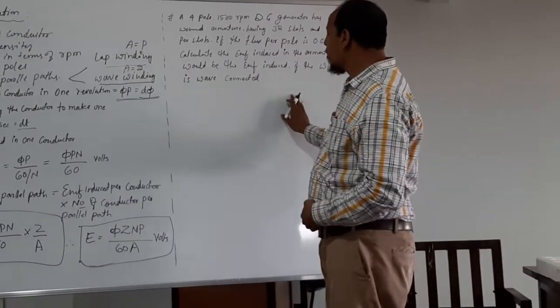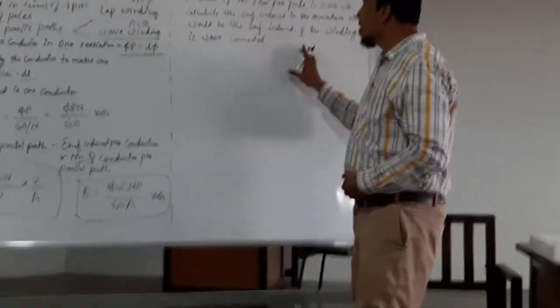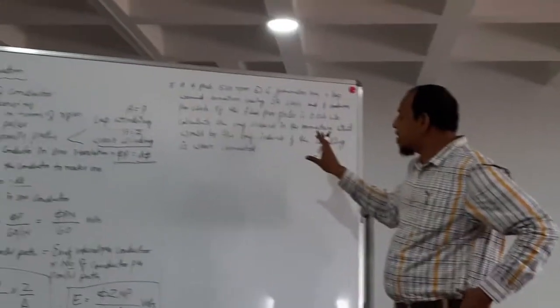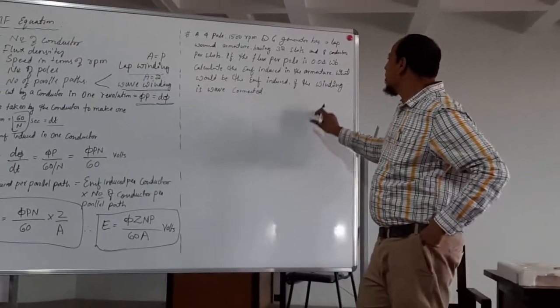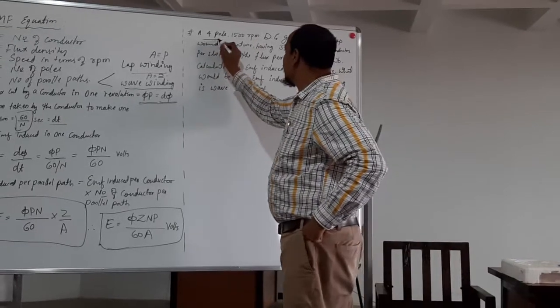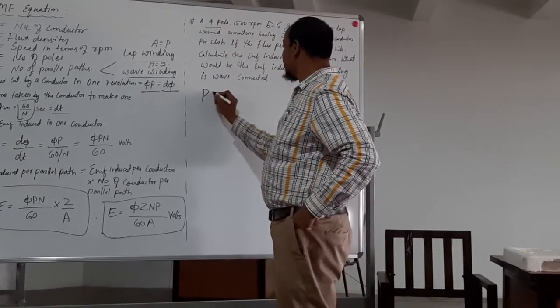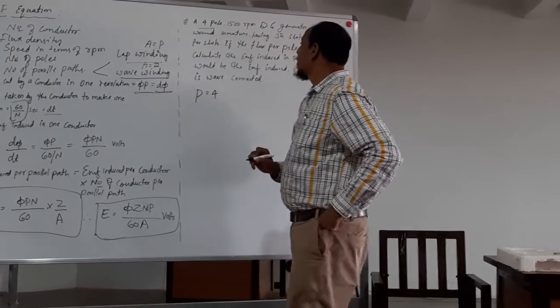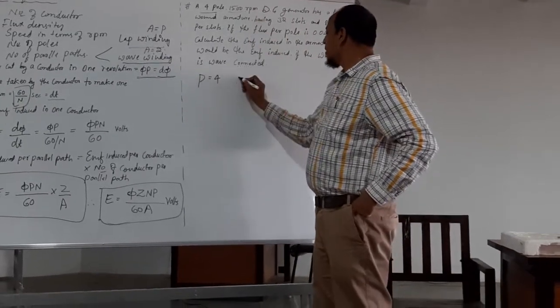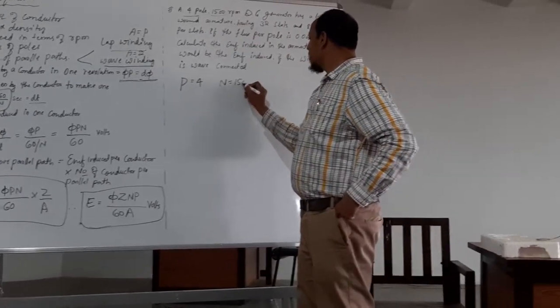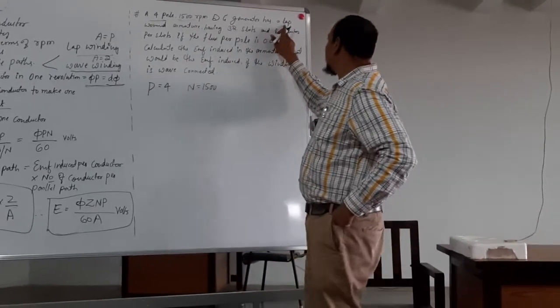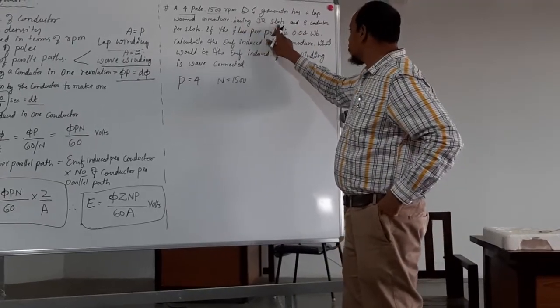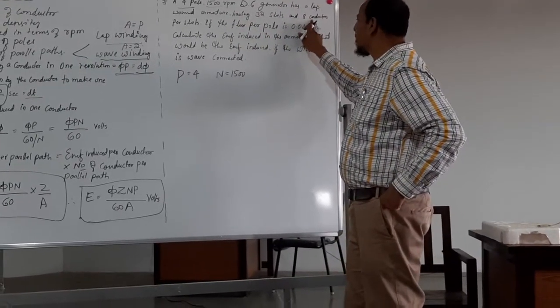So here, to solve this problem, we have to understand what question is asked and what the given data are. A 4-pole means the given data is P equals 4, and the speed N is 1500 rpm, and the DC generator has a lap wound armature having 32 slots and 8 conductors per slot.